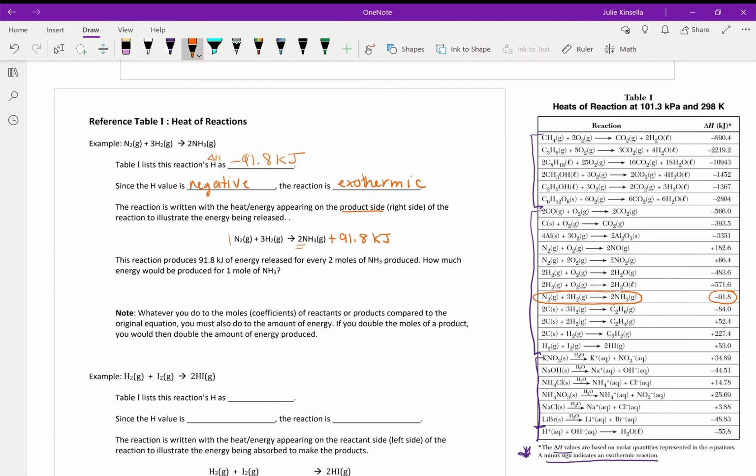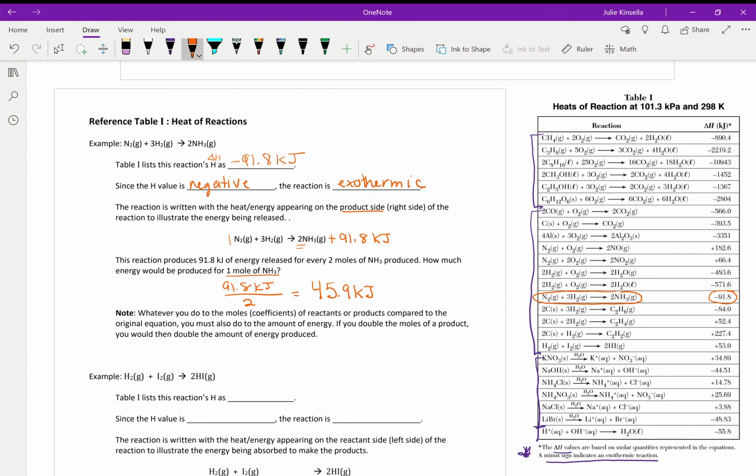So how much energy would be produced if only 1 mole of ammonia was produced? So if I cut the moles in half, I'm also going to do the same thing with the 91.8 kilojoules. So I would have 91.8 kilojoules divided by 2, because I need half of it, and that's going to give me 45.9 kilojoules.